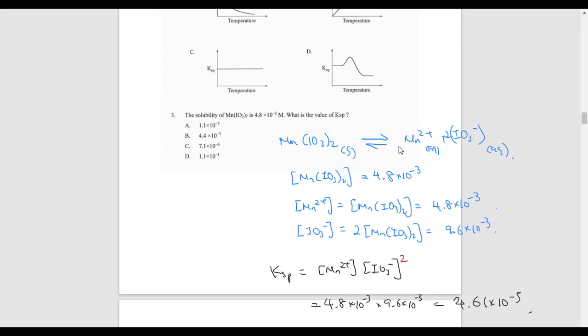So this is 1 and this is 2. So you should square that. And once we square that, we instead get an answer of 4.42 times 10 to the negative 7. And once we get that answer, then it's the appropriate answer. Looks like it should be B.